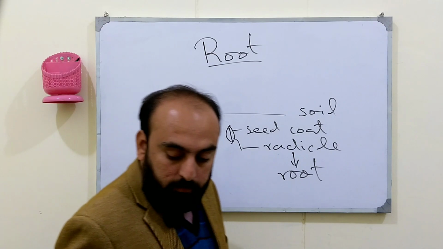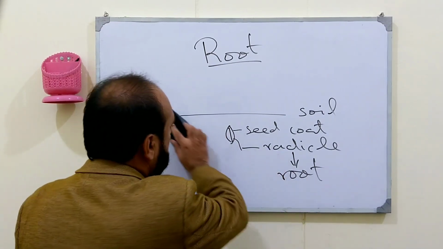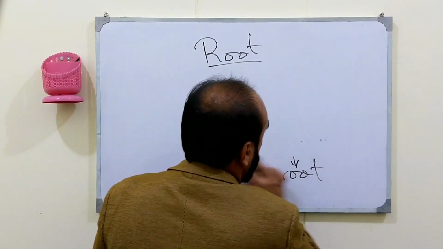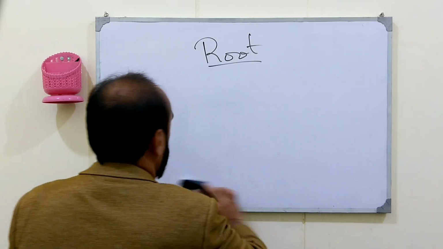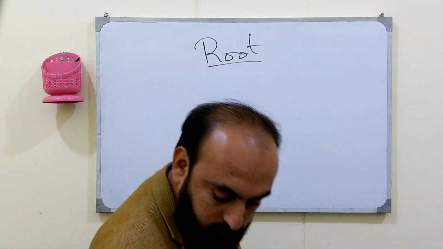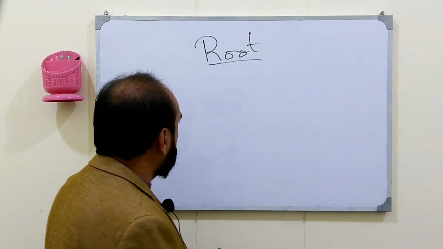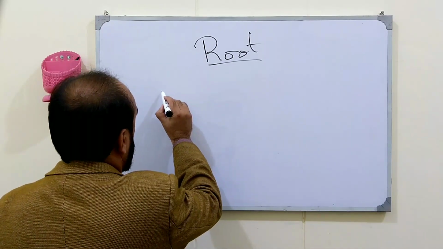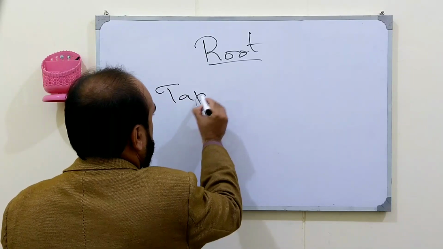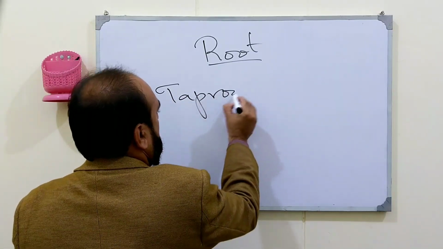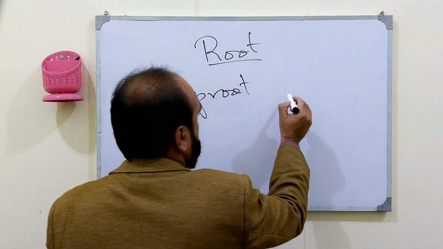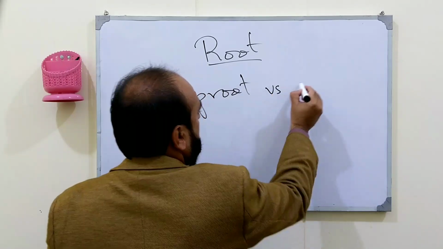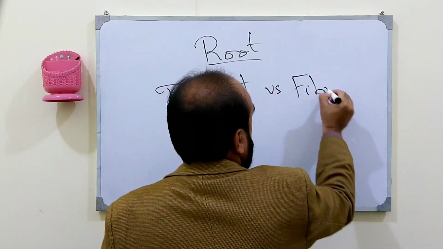Based on the shape of the root, we can divide the root types into two main groups: taproots and fibrous roots.